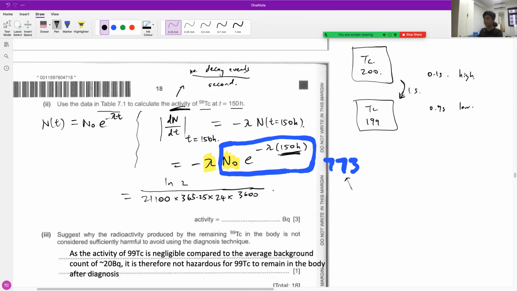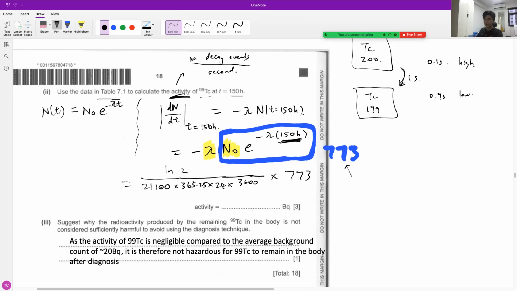That's the lambda. Now we multiply by 773, the number of technetium nuclei at 150 hours. Sorry, it's not N0. We don't need to calculate N0 exactly, as long as we know N0 times this number.